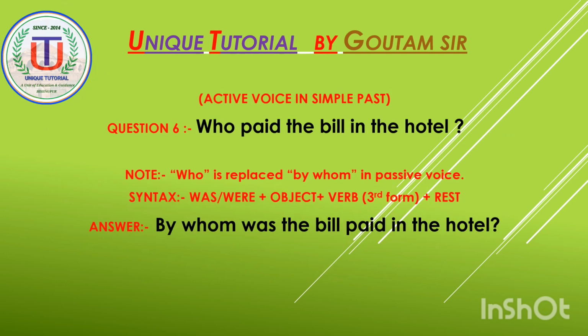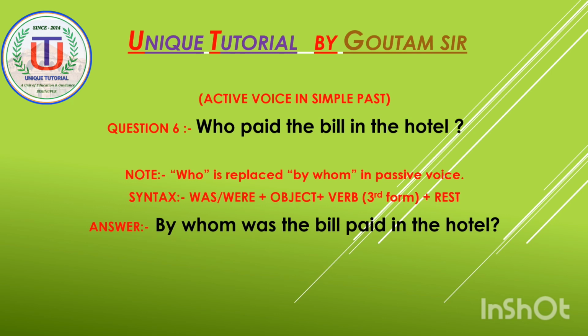Question number 6. Who paid the bill in this hotel? The sentence is in active voice and in simple past tense. So one thing you have to do, please note that who is replaced by whom in passive voice. So in passive voice, who will become by whom, and the syntax of the sentence will be, first was or were, then object, then verb third form, then rest.